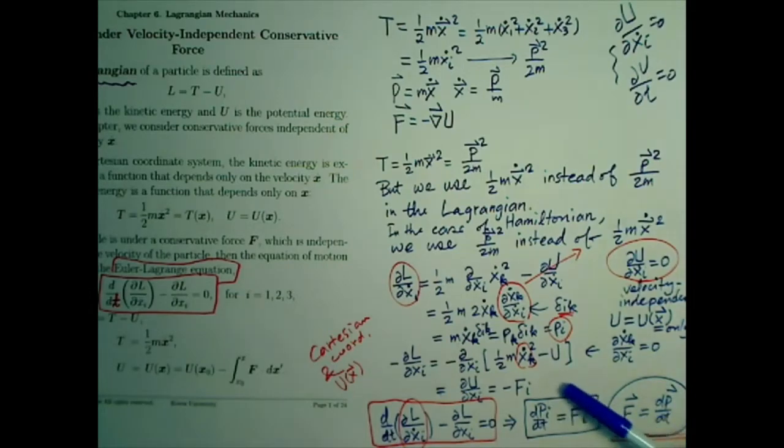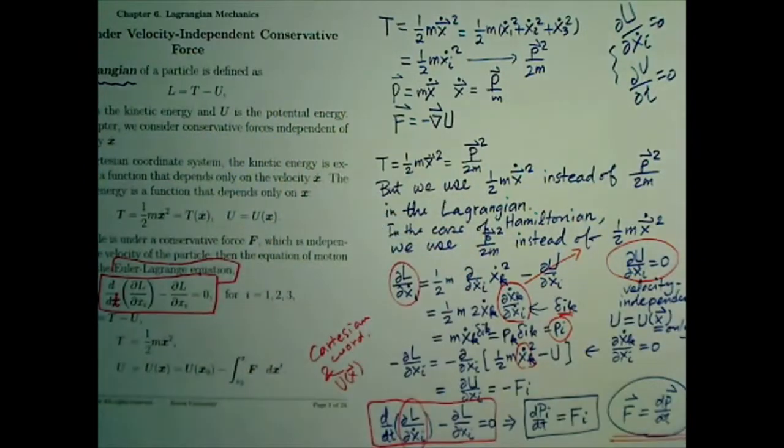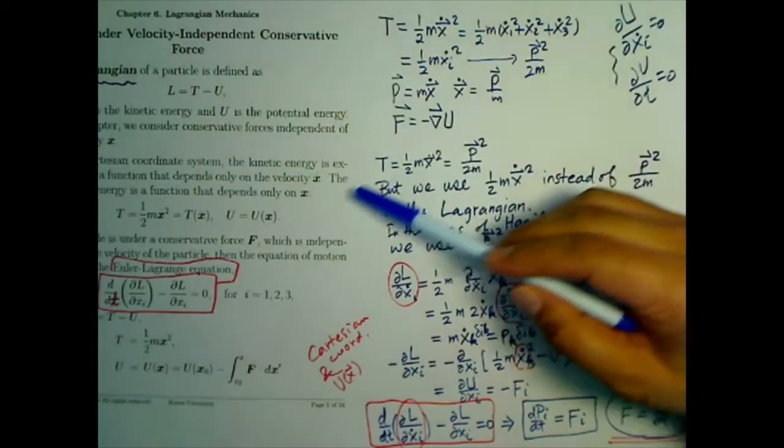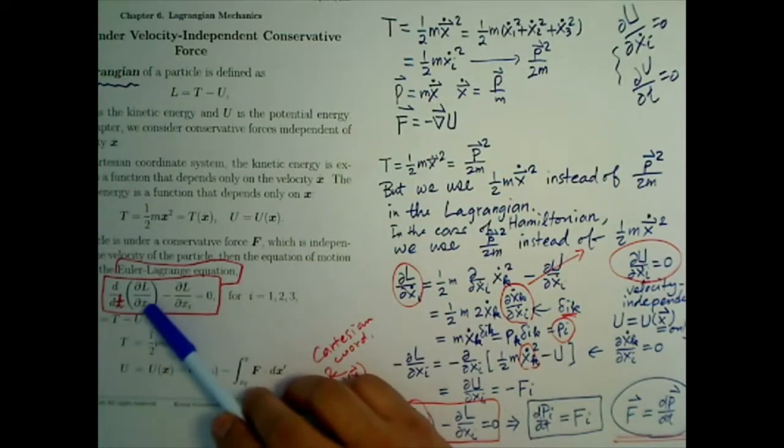So here, momentum can be obtained by taking the partial derivative of the Lagrangian with respect to the velocity. Then we have a conjugate momentum, and we take the time derivative, that is the momentum's time derivative, pi dot.